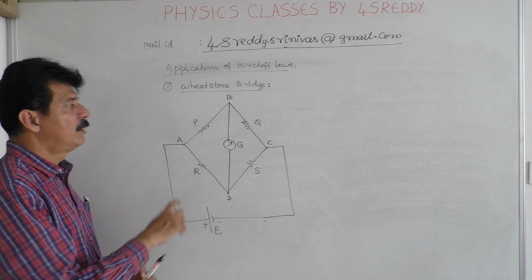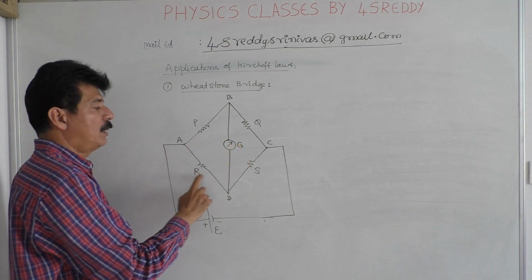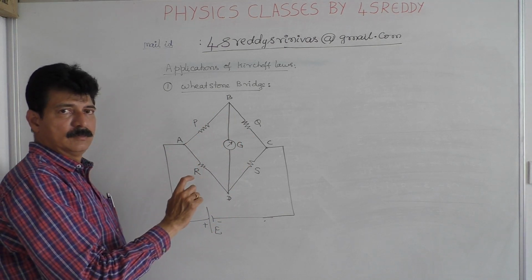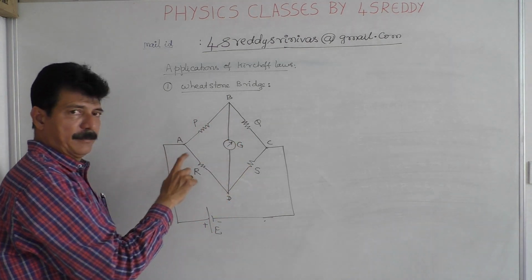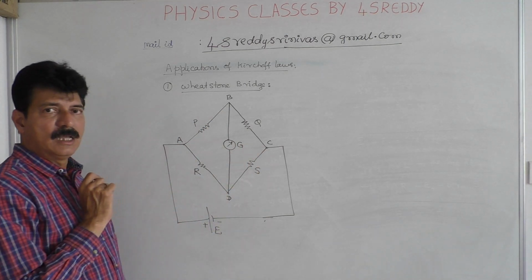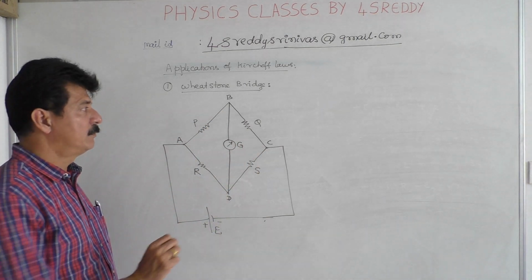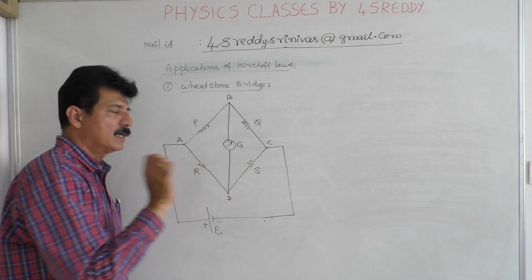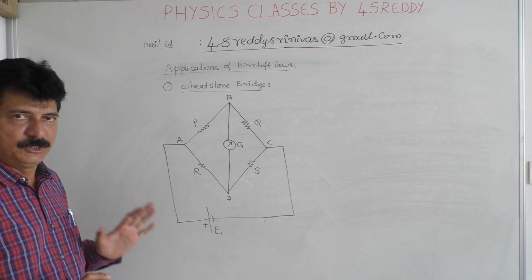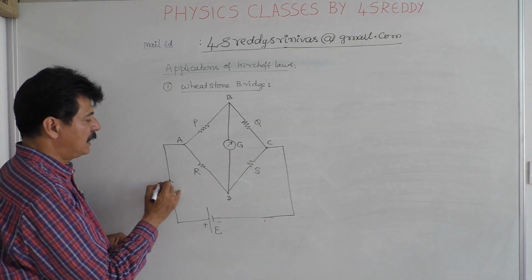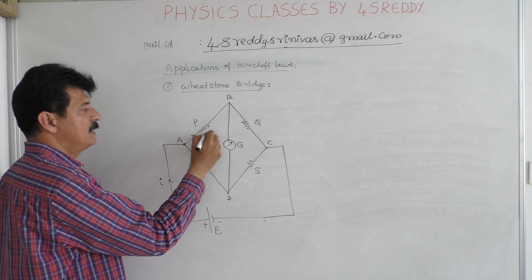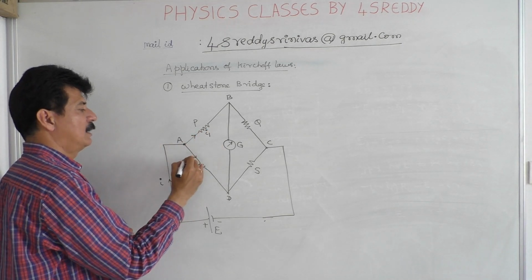So once again, four conductors P, Q, R, S are joined to form a quadrilateral A, B, C, D. The terminals A and C are connected to a cell of EMF capital E. The terminals B and D are connected to a galvanometer of resistance capital G. Now, if I is the current flowing through this, while reaching the junction A, it splits up as I1 and I2.